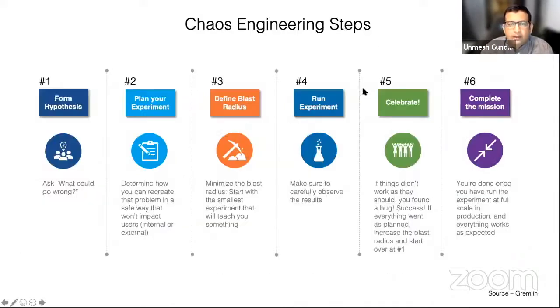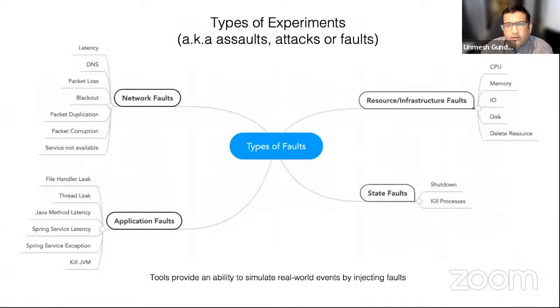Okay. So I talked about experiments. When we practice chaos engineering, we can define different scenarios. For example, it could be a real world event where the network is down, there's a complete blackout, or packets are corrupted, or a particular dependent system is not available.